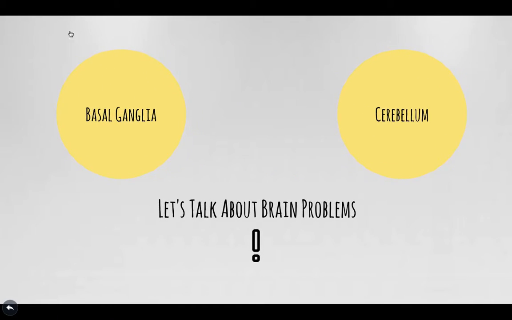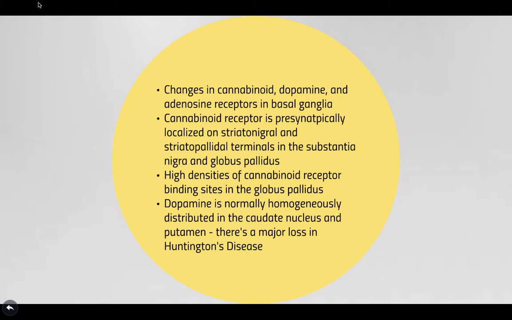Alright, so what exactly happens to the brain when somebody has Huntington's disease? The two main areas of the brain that are affected are the basal ganglia and the cerebellum. First, the basal ganglia is going to experience changes in the cannabinoid, dopamine, and adenosine receptors.